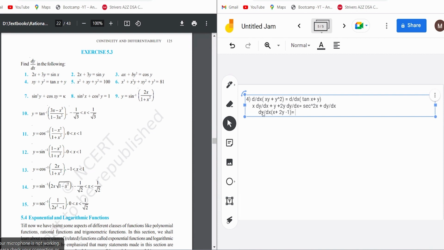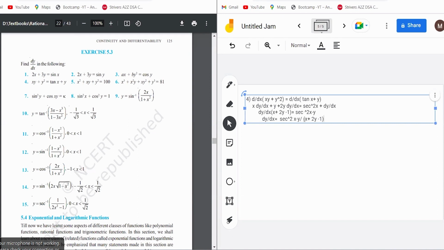Okay, x plus 2y minus 1 equal to sec square x minus y. तो यहाँ से मेरे पास आ जाएगा dy by dx equal to sec square x minus y, oh, it became capital, sorry, sec square x minus y divided by x plus 2y minus 1.